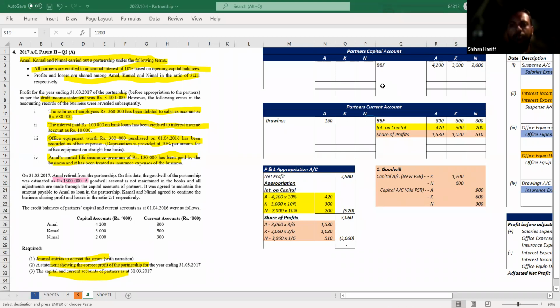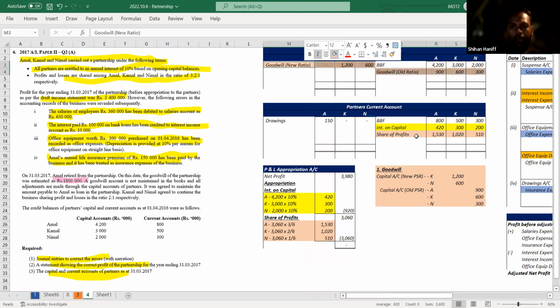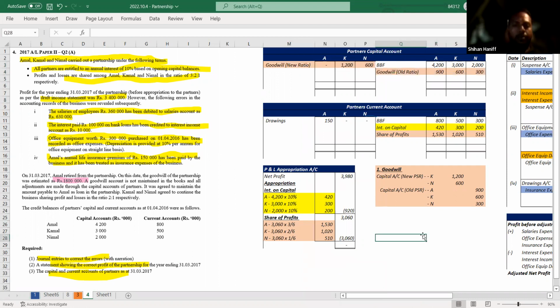Goodwill, old ratio credit, and new ratio debit. Old ratio credit, new ratio debit.